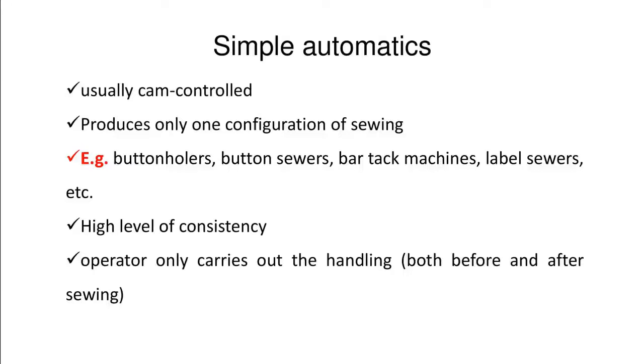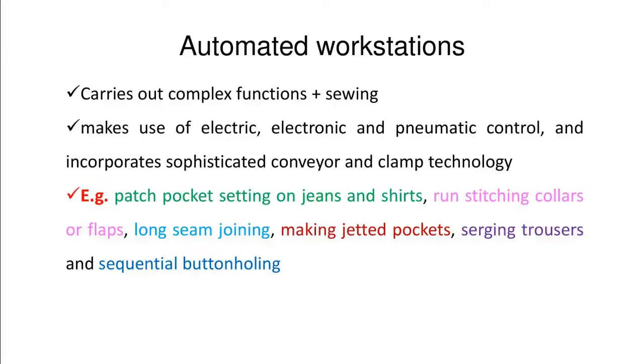In case of automatic machines, you don't need some great highly skilled labor. You just need a person who you have to explain: just keep the two parts, part A like this, part B like this, press the button, operation done. Next, put part A, put part B, press the button, next. So that's simple automatics. We go to slide number 43.